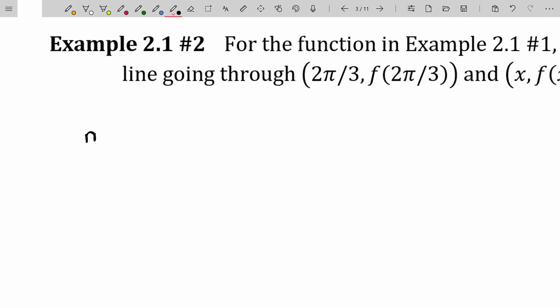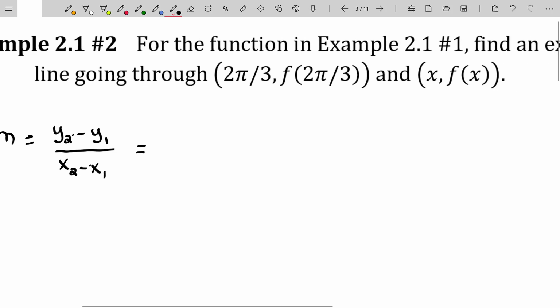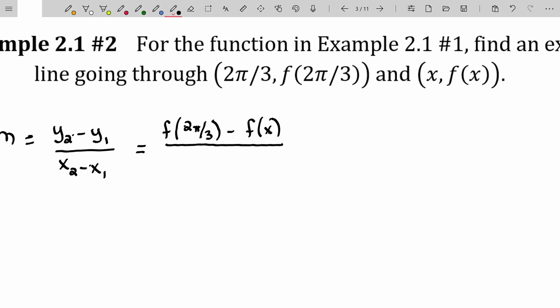We know that the slope is just the difference in the y values, so y2 minus y1, over the difference in their corresponding x values, x2 minus x1. Well, the y values that you see in these points are going to be f of 2 pi over 3 minus f of x, and the corresponding x values are 2 pi over 3 and x. So we go ahead and insert all that stuff into our function. Our function, evaluated at 2 pi over 3, we know from our previous example, is 5.